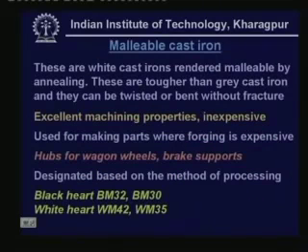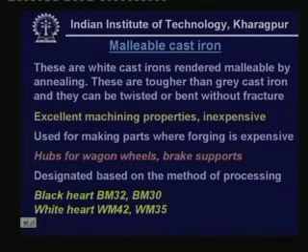Malleable cast iron. This is one thing you will understand, that these have malleability, meaning they can have a good amount of deformation, or a good amount of plastic zone. So these are white cast irons rendered malleable by annealing. Now annealing is a heat treatment process by which you heat the material and then cool it down.